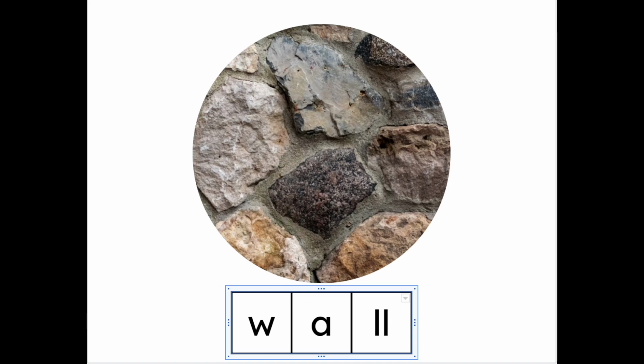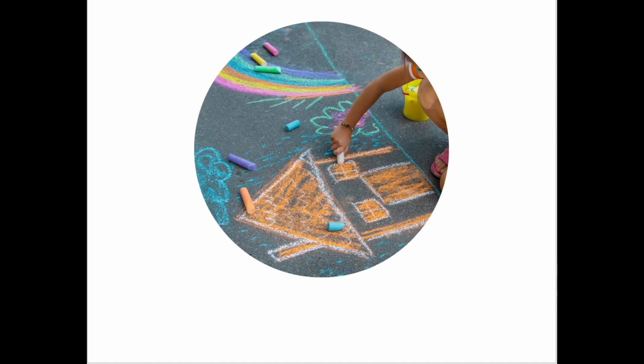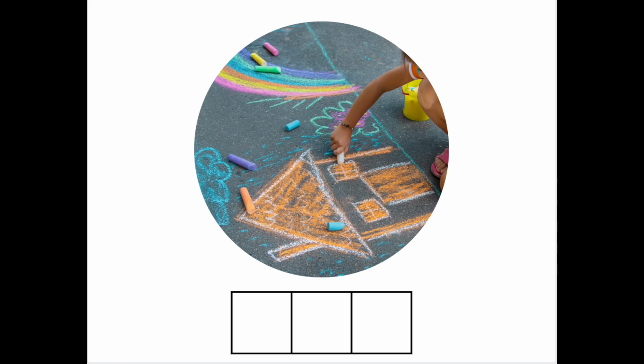Our next word is chalk. How many sounds do you hear in the word chalk? There are 3 sounds in the word chalk. What's the first sound you hear in the word chalk? Ch. What letters make the ch sound? CH. Nice job. What's the second sound you hear in the word chalk?